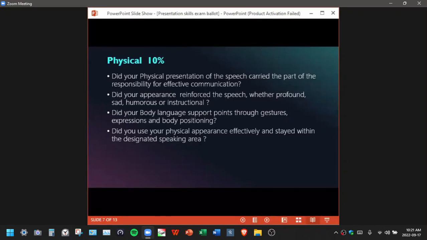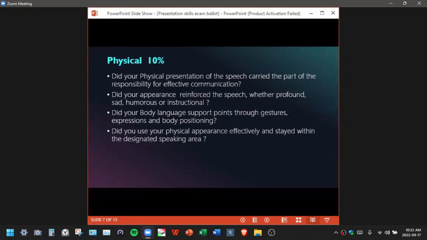As an example, you start your speech from the right side when you're on the stage, and then during a transition you move to the middle and speak about it, and then again you move to the left side and speak another important point.